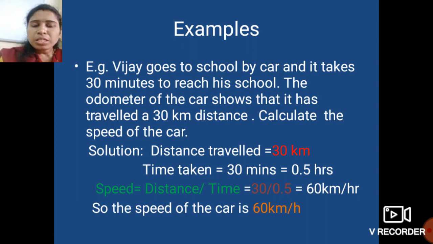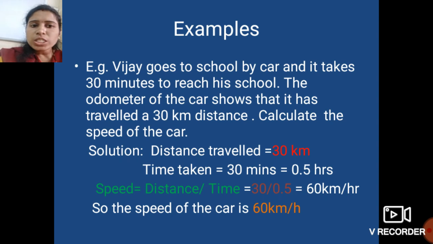Here we are given distance as well as time, but we don't know at what speed the car ran. Whether the car was very fast, very slow or in uniform motion, we don't know. We only know that the 30-kilometer distance is covered by Vijay in his car in 30 minutes.